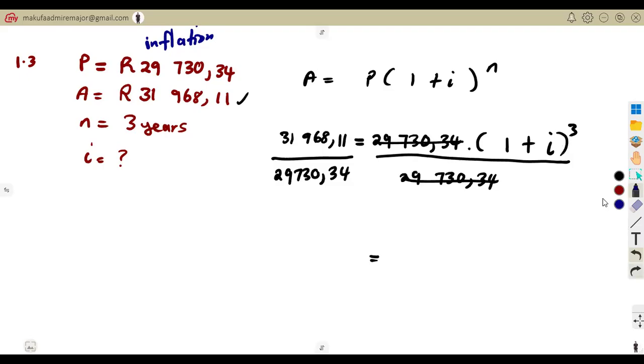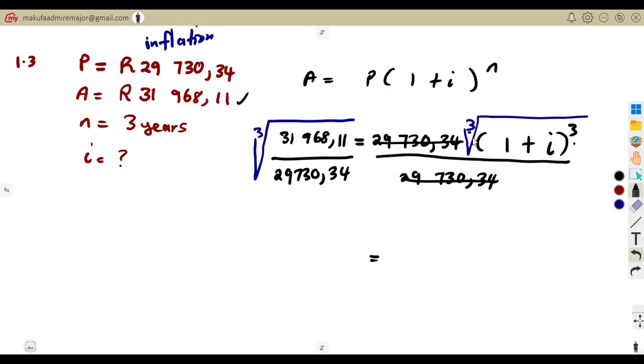Remember exponents. How do you remove this exponent? The opposite. You introduce the root, with the exponent number inside of the root. That is to remove this cube root. So meaning to say, this side we're also going to have the cube root, in order to neutralize this.